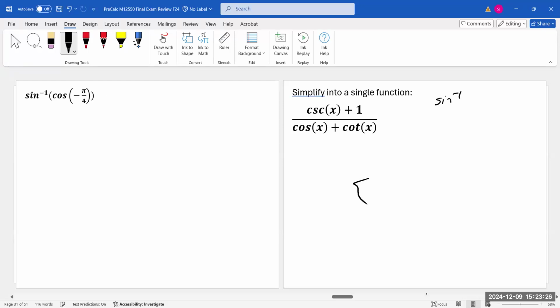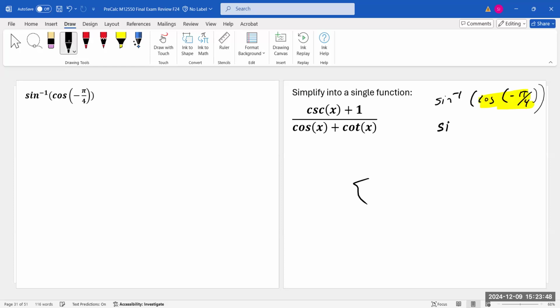We have sine inverse of cosine of negative pi over 4. You remember from before that cosine is an even function. It means the negative doesn't affect the cosine. So cosine of the negative angle is the same as cosine of the positive angle.